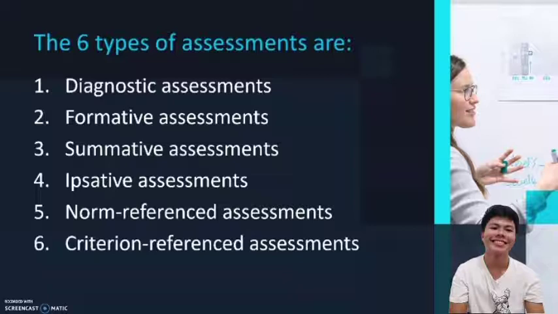Second to the last is the norm reference assessment. The norm reference assessment is a great help to differentiate students and identify those who may have specific educational needs or deficits. The criterion reference assessment is the last assessment.